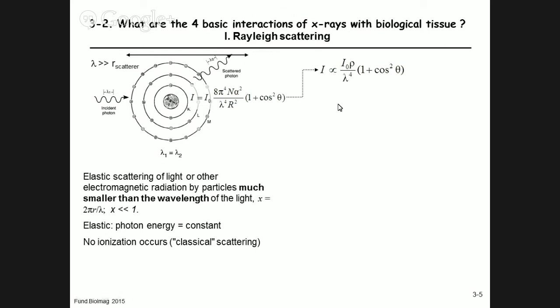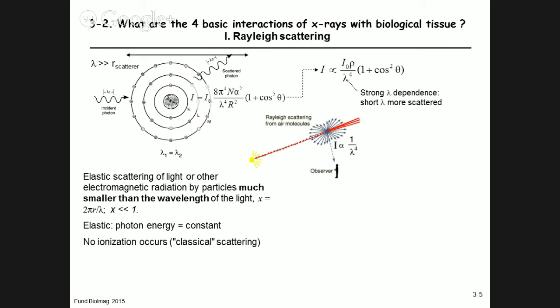The wavelength is below, which means that the shorter the wavelength, the more scattering occurs. So the short wavelengths are more scattered. Here's the observer at a certain angle, and the intensity is stronger if the wavelength is shorter.